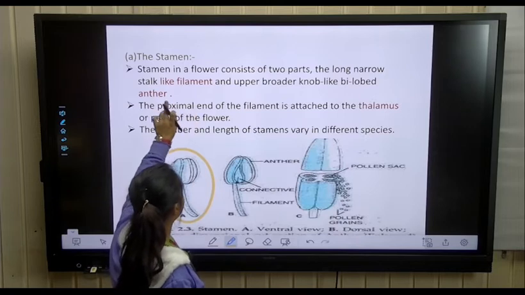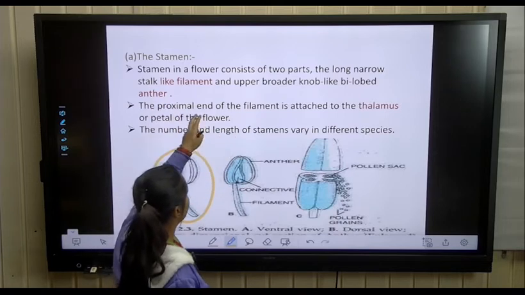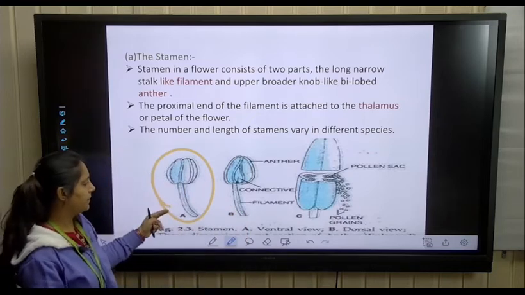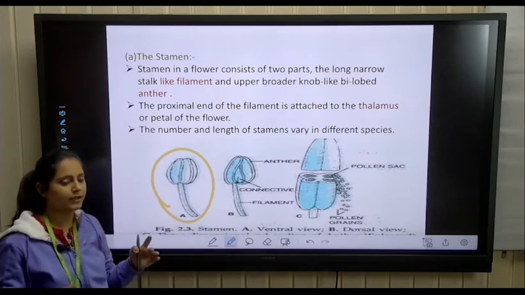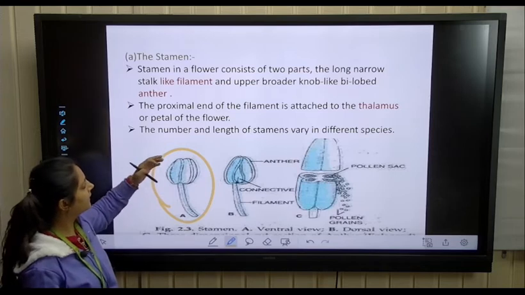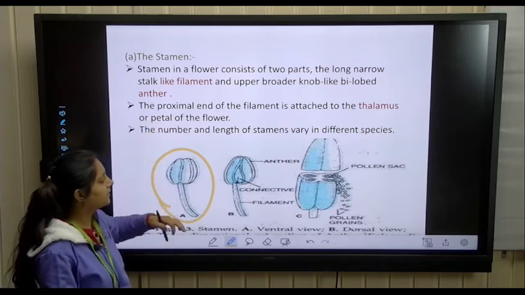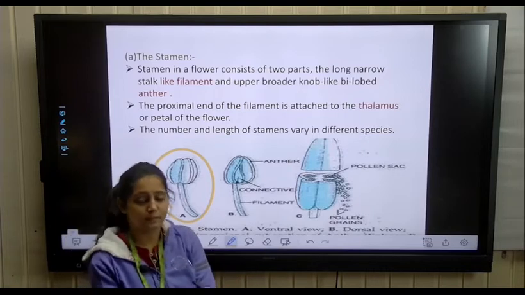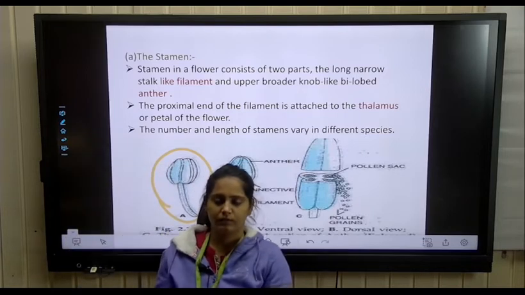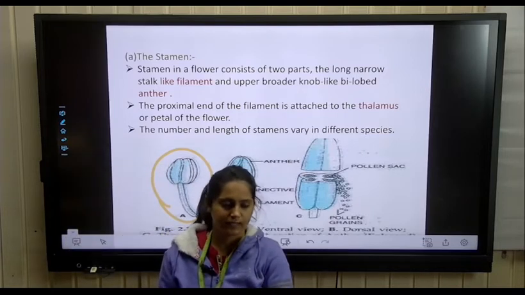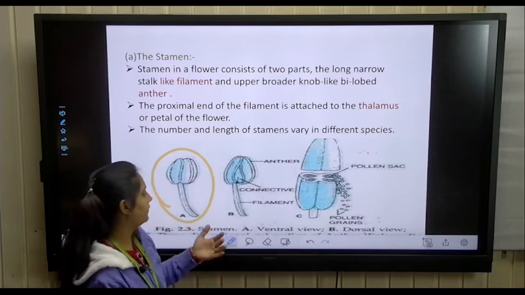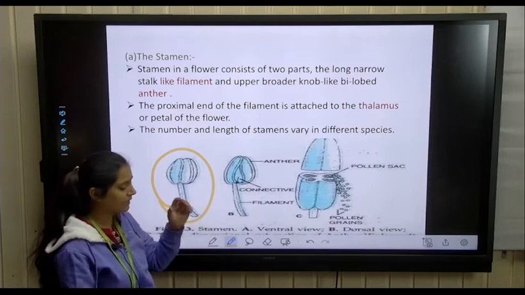Stamen is what? It is the male part of a flower. It consists of two parts, that is anther and filament, and the connective is a link which connects the filament with the anther, and the proximal end, that is the nearest end, is attached to the thalamus. Thalamus is the base of a flower. When we discussed the structure of the flower, the base where the petals and sepals start to form, that is the thalamus.